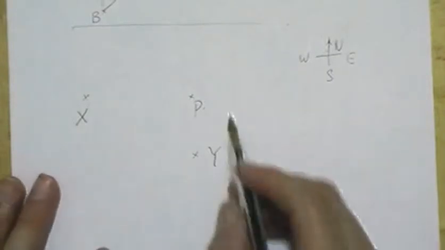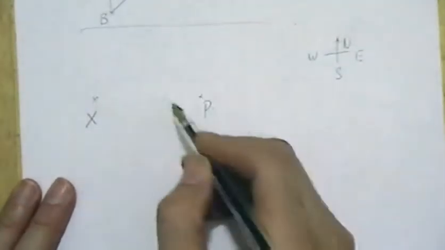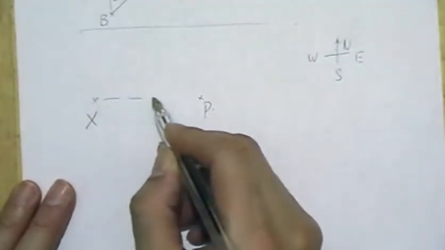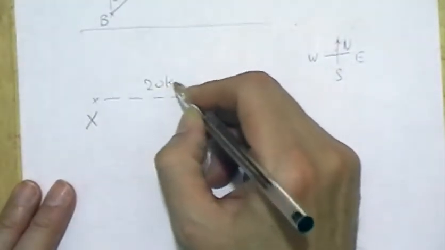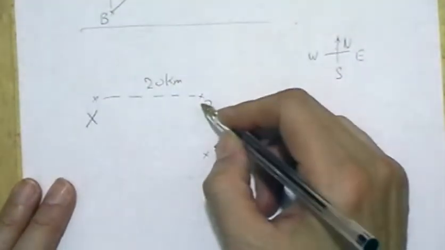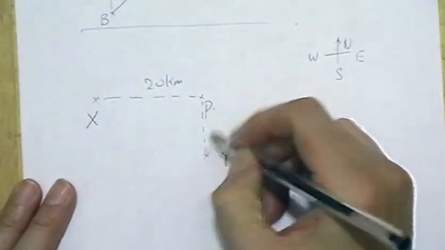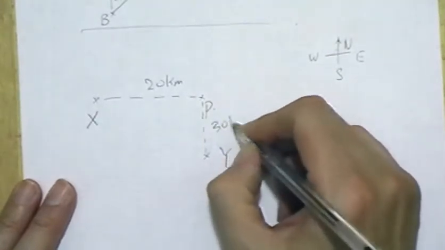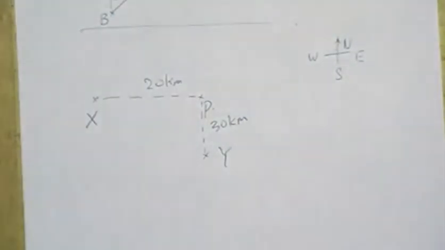Now let's say this distance is 20 kilometers and this distance is 30 kilometers.